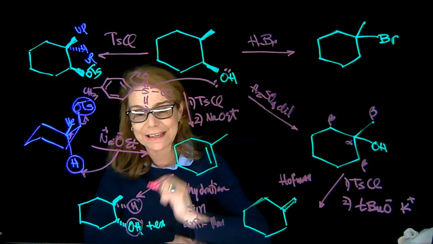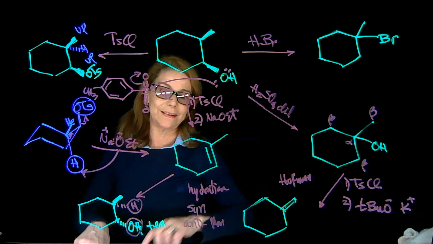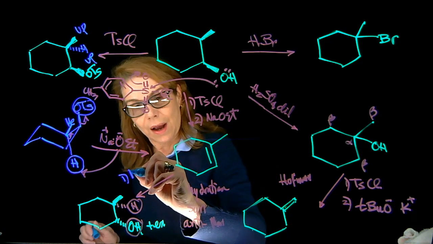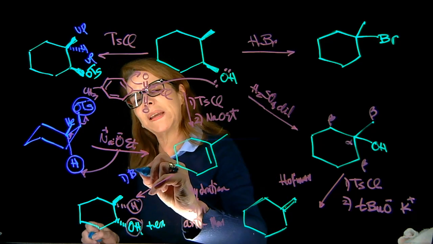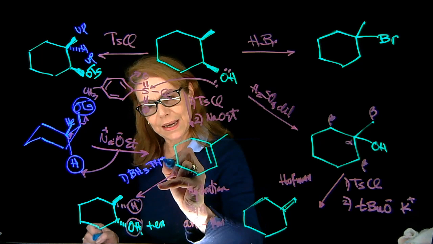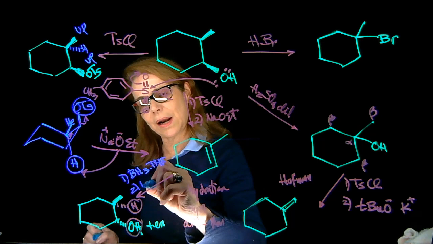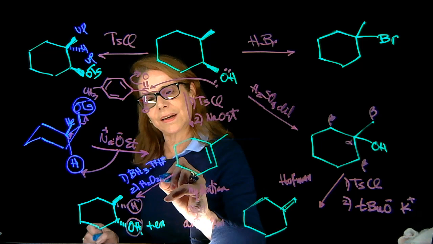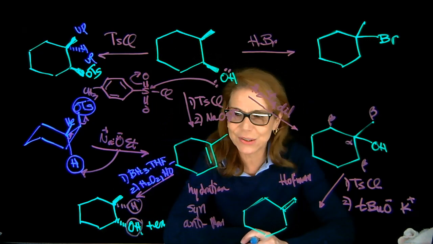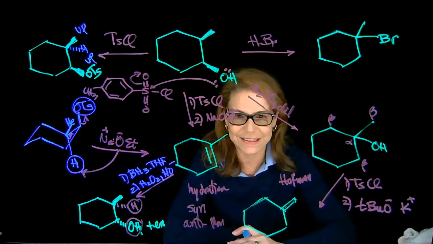What that means is the reagent that you need to select that does that is first hydroboration, so BH3 in THF, and then you do an oxidation reaction. So that is the sequence of reagents that we need to use to accomplish all of these transformations.